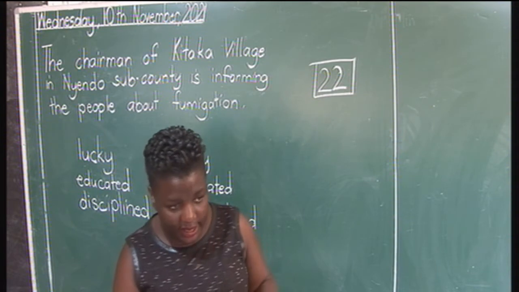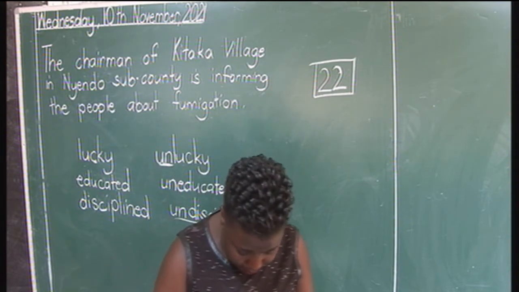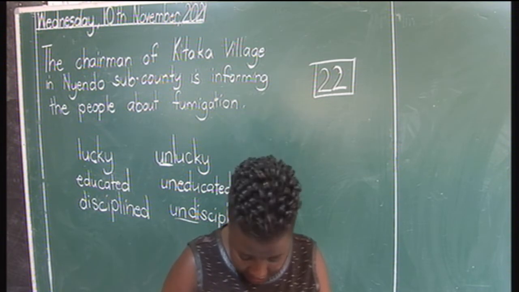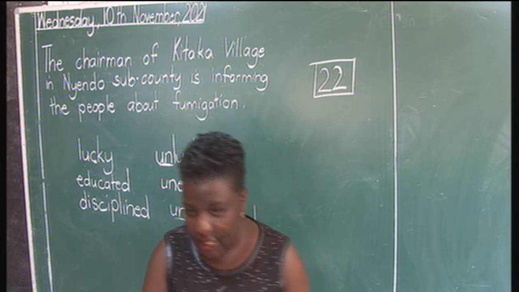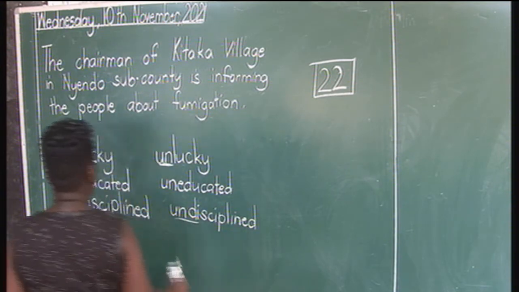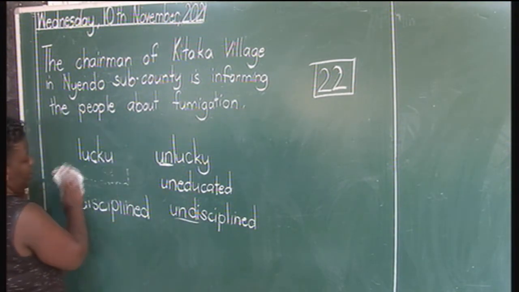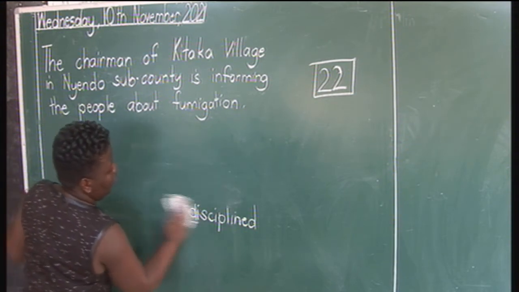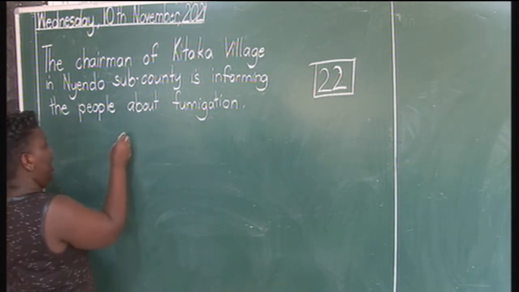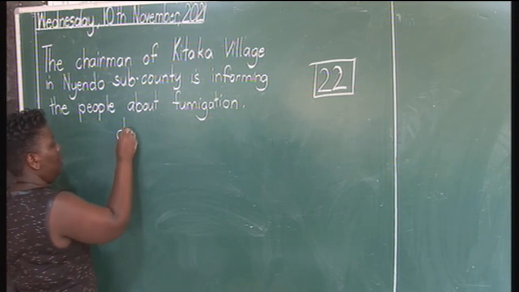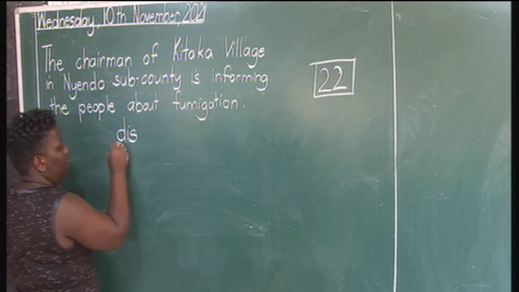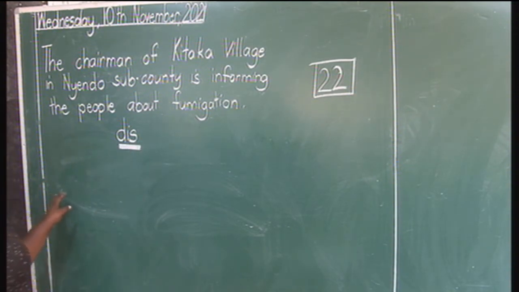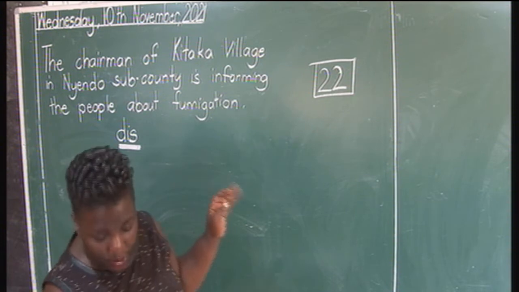So let's look at examples of opposites by prefix dis. D-I-S. There are some words whose opposites are got by adding D-I-S. So we are going to use that prefix D-I-S to change those words into their opposites. For example, we have the word obey.